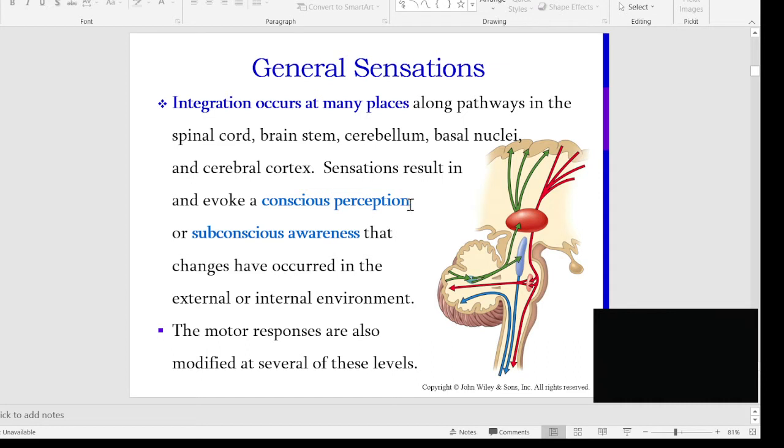That triggers our conscious perception, or sometimes even subconscious, like reflexes. So we respond to changes in the external or internal environment.